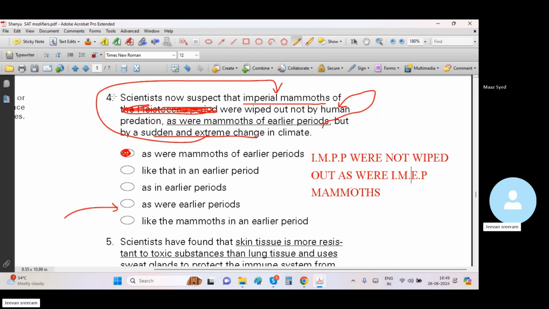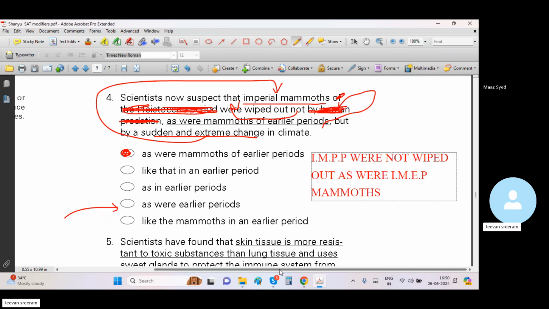Imperial mammoths were not wiped out as were mammoths of earlier periods. So this "not" must be written here. Again, they are also imperial mammoths, but belonging to earlier periods. That's it. Is it clear, buddy?